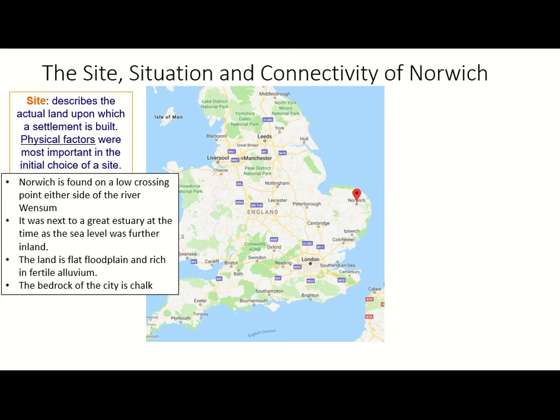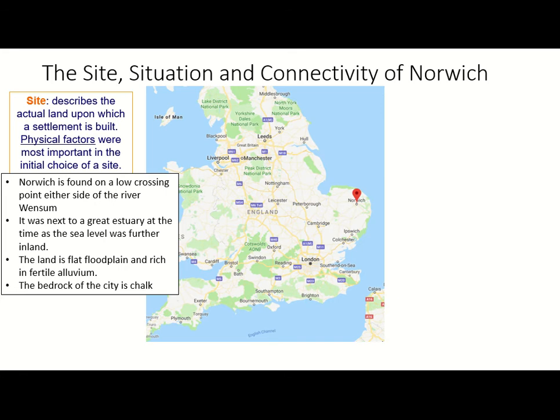But they couldn't just build it anywhere on the Wensum, so they found a low crossing point, somewhere where they could easily build bridges across from one side to the other to expand the settlement out. It was also next to a very big estuary at the time, because believe it or not, sea level was further inland a few hundred years ago. So Norwich actually wasn't that far from the coast, or as far from the coast as it currently is.